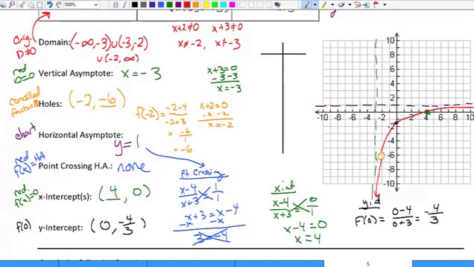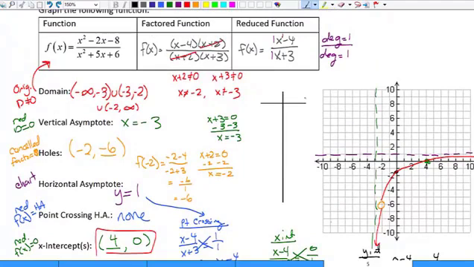Okay, so now I'm not sure what's going on the left-hand side, so I'm going to have to plug in a point. I could use a little bit of deduction here. I know that there's only one x-intercept, so I doubt that the graph could be below here, because it would at some point have to cross the x-axis.